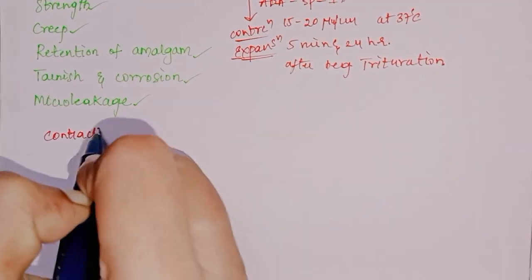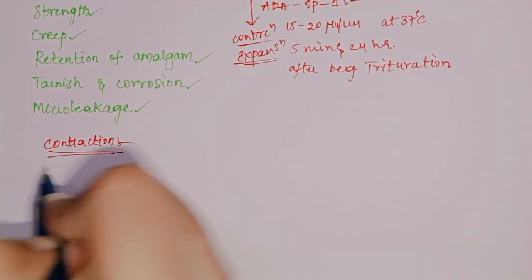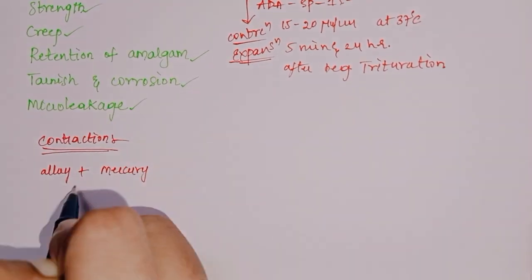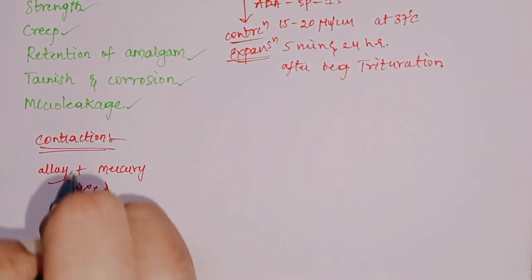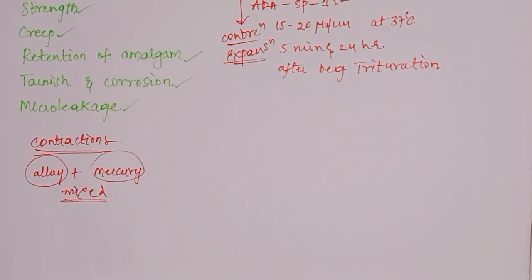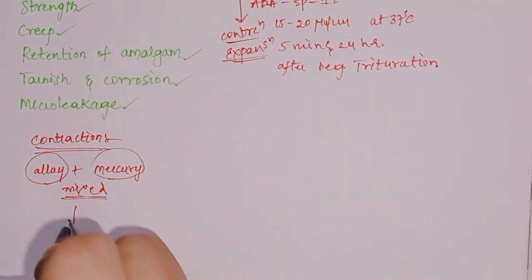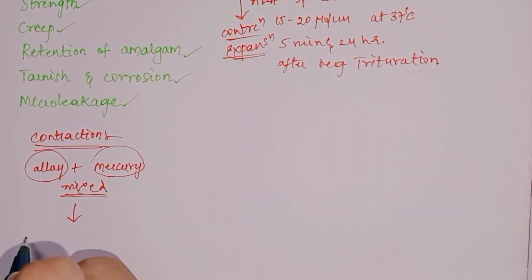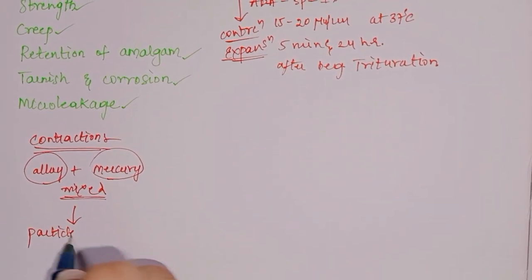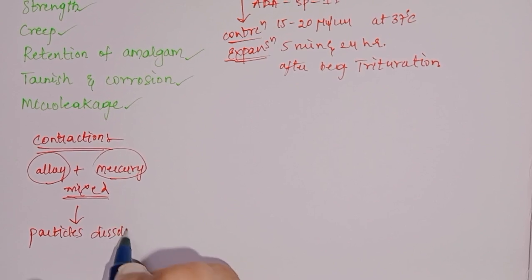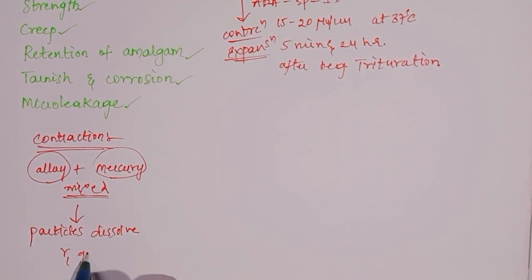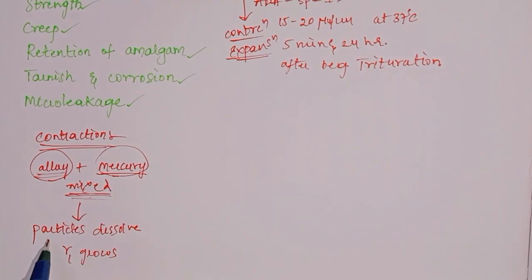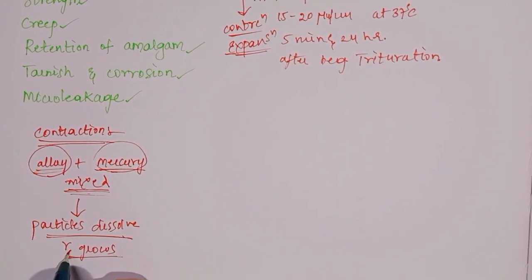Contraction: when the alloy and the mercury are mixed together, it results in contraction initially because the particles dissolve and the gamma 1 grows.